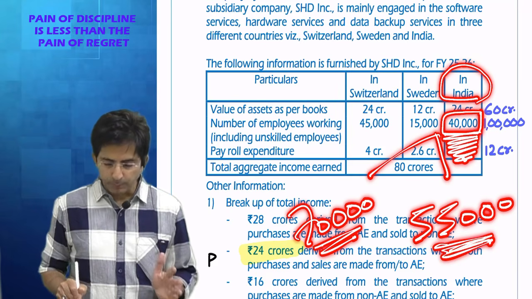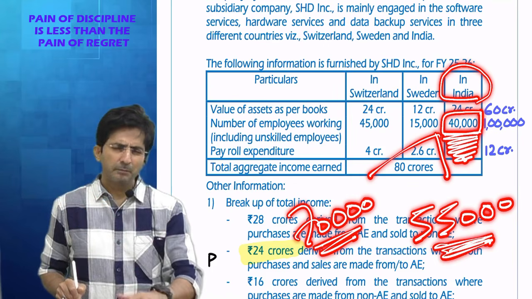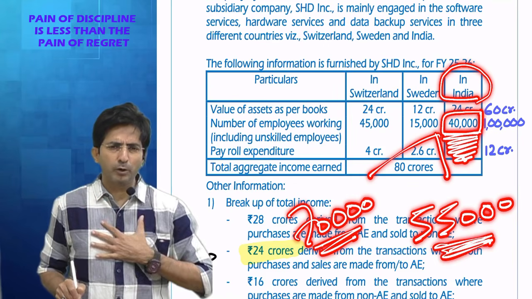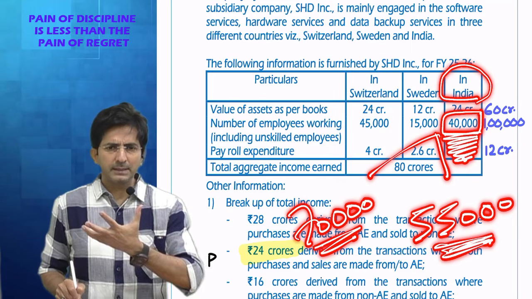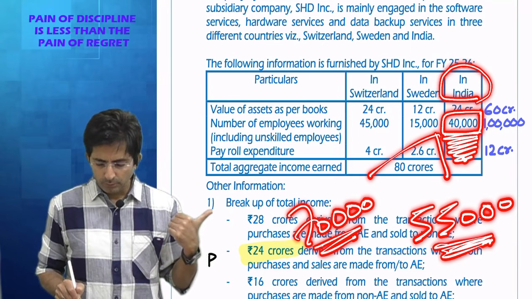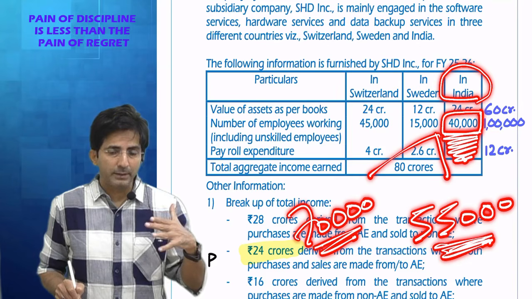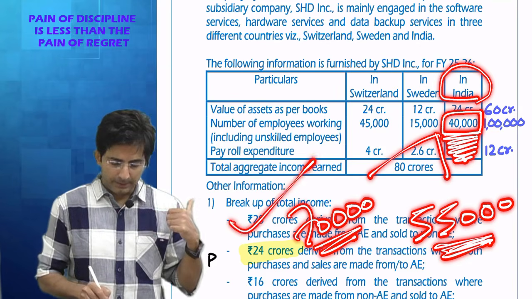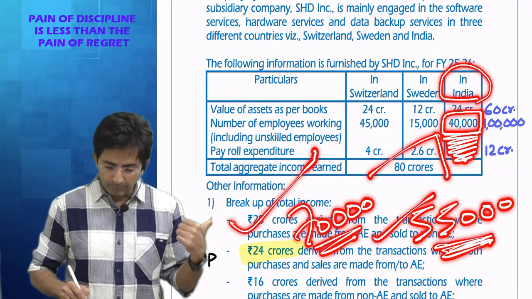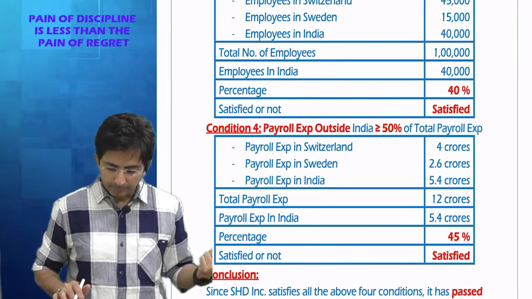The only thing is, under option 2, they will be on the payroll of the external agency, but still they are called our employees, because after all, the external agency is executing our work only. Okay. So 40,000, which was the original number of employees in India, will change to 70,000 in option 1, and 55,000 in option 2. So let's figure out what difference it makes.